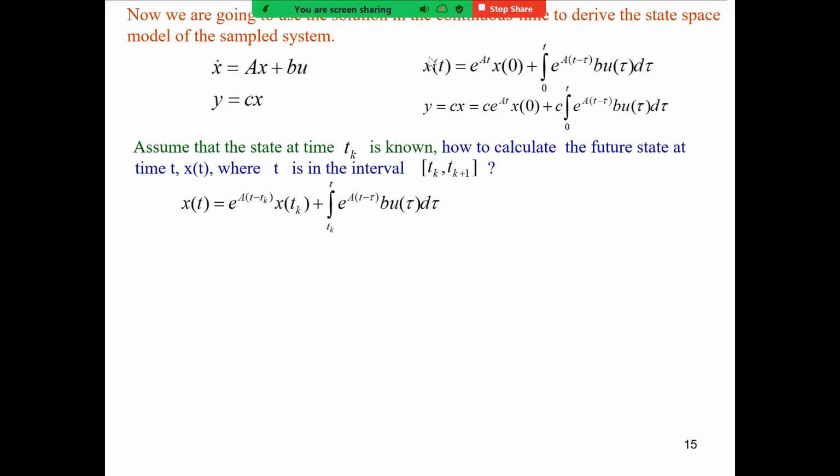Of course, because we count t from 0, this t becomes t minus tk from the initial point. And then for this convolution, this is easy. We just change the lower bound, which starts from 0, so that we start from the initial point, which is tk. Okay, any questions?